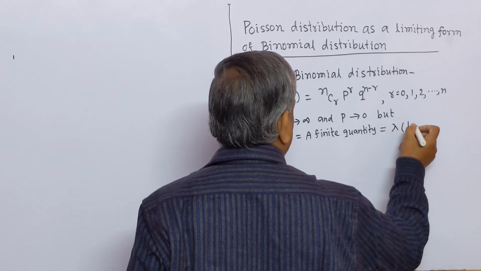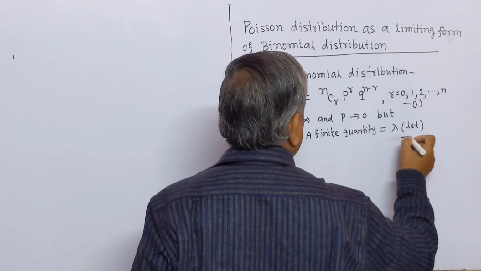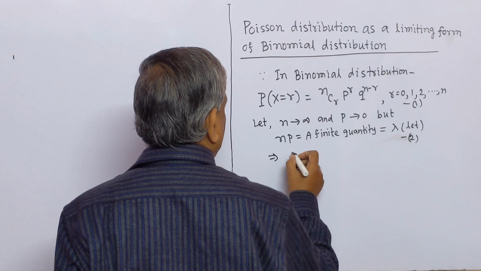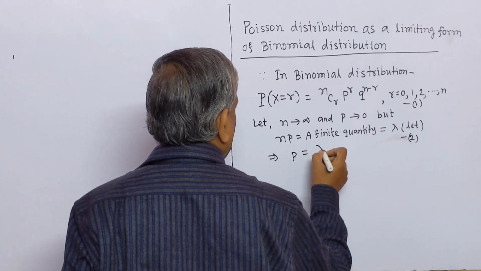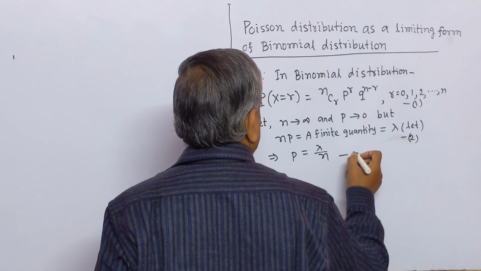Let this be number 1, this be number 2, which implies that p equals lambda by n. This is number 3.